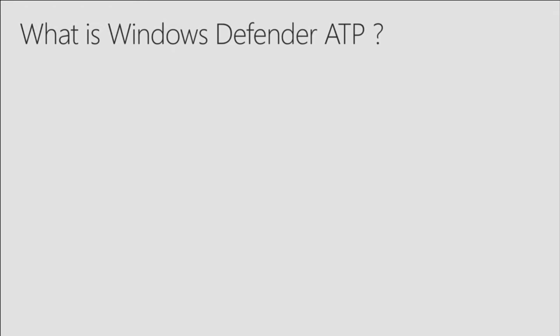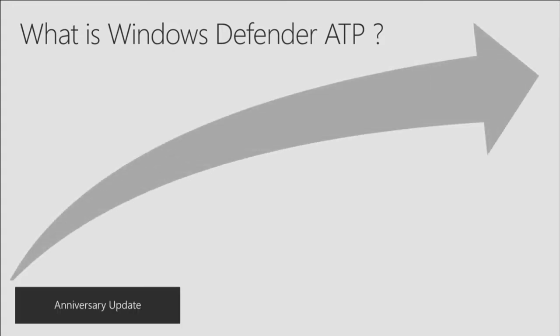Just quickly, because we have a few sessions on what Windows Defender ATP is today, and you can watch the recordings, but just so that everybody understands what we are adding, I would like to give you a brief overview. When we launched the product last year in August, the product group developed a pure EDR solution, meaning an endpoint detection and response solution that has a behavioral sensor built into Windows 10.